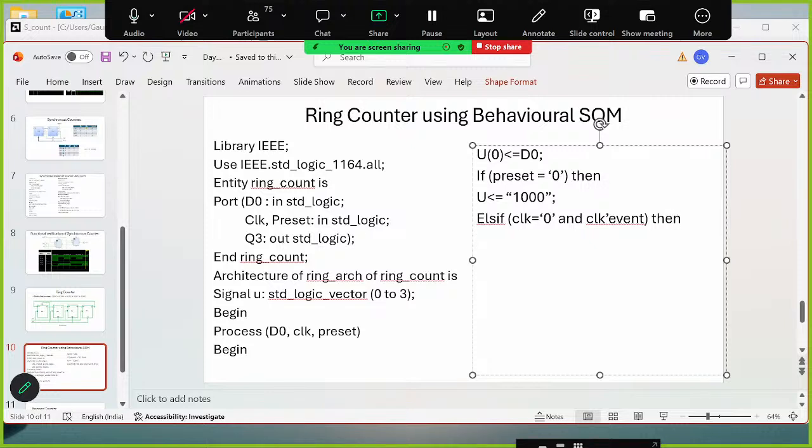whenever the clock comes, this u value should be shifted by one position to the right. So u gets the value of, just see over here, what should I write? Today I'm telling an important operator, a shift operator. We have seen some of the previous shift operators, like SRL, SLL, but those shift operators sometimes are not synthesizable.